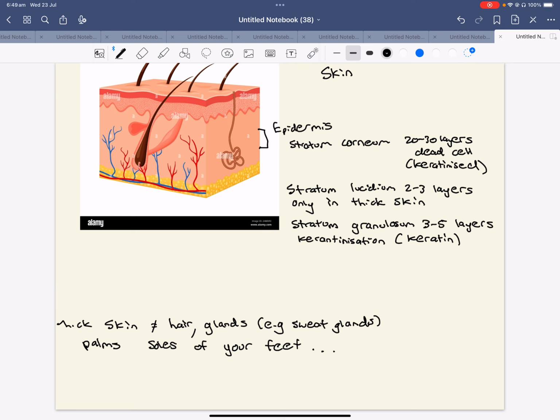Okay. Then we've got the stratum spinosum, which is 2 to 3 layers of non-dividing cells.